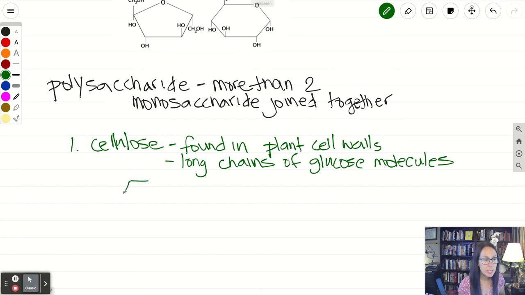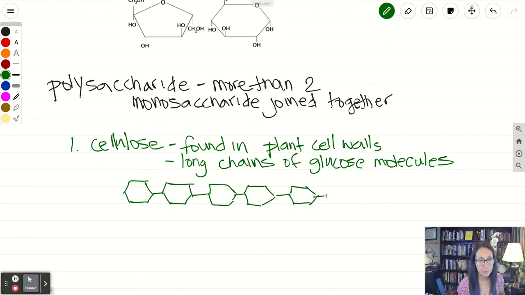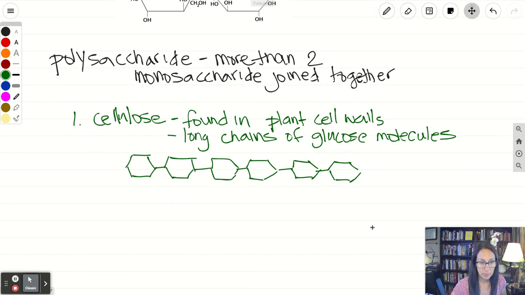Okay, and so if you can imagine a glucose molecule being one of these rings, and then it joins to another glucose, and then that joins to another glucose. Okay, it's not that great of a drawing, but you get the idea. Many, many, many glucose molecules, thousands joined together. Okay, and this is what plant cell walls are made of. Okay, that's one example of a polysaccharide.